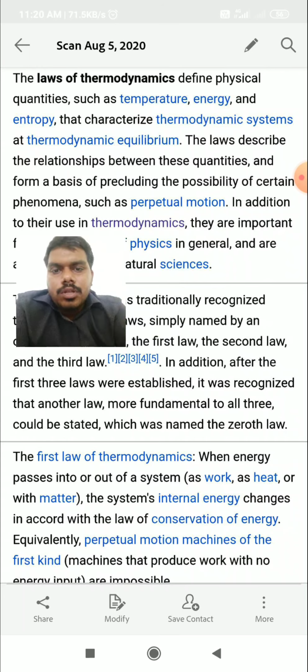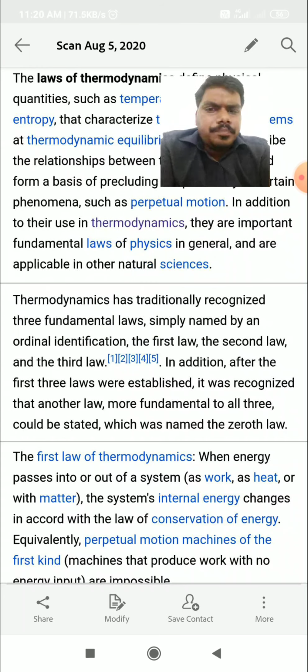No need to worry, because this is a very vast subject. No need to jump into very much detail. We must know what is thermodynamics and some laws. Thermodynamics has traditionally recognized three fundamental laws, simply named by ordinal identification: the first law, the second law, and the third law.